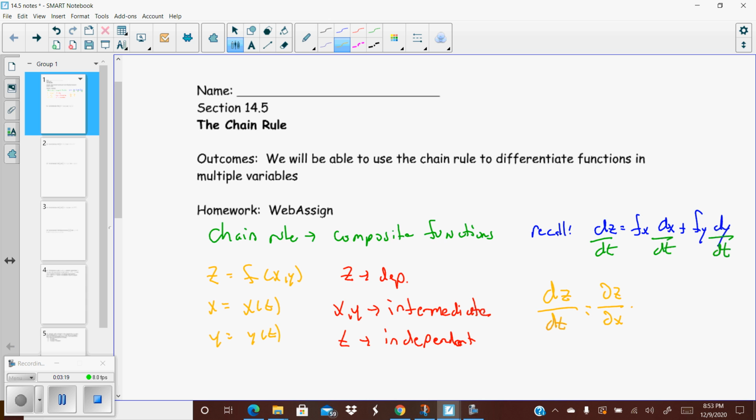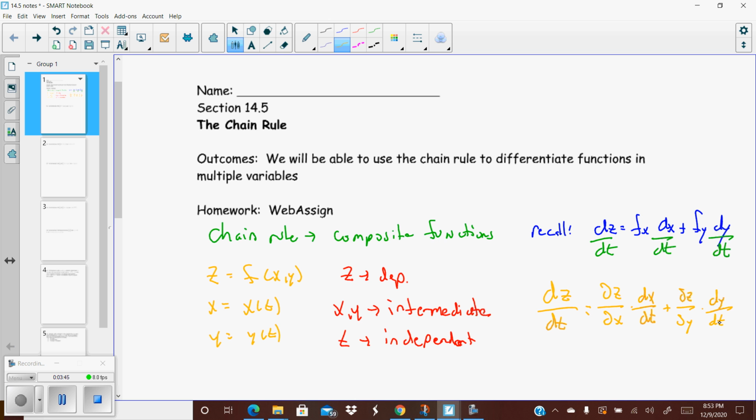Well, there's only one independent variable, so it is a full derivative of x with respect to t. Plus, then we've got this partial of y, f sub y, which is the partial of z in our case with respect to y, times dy over dt, which is a full derivative of y with respect to t.